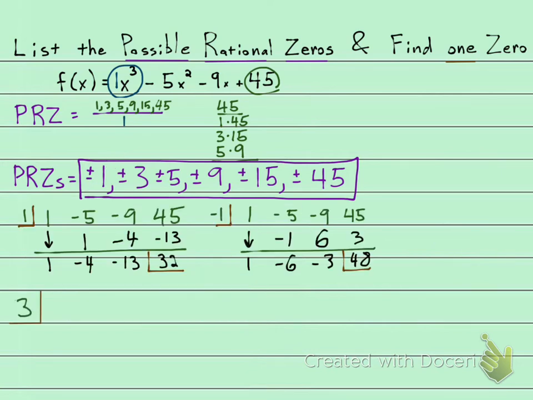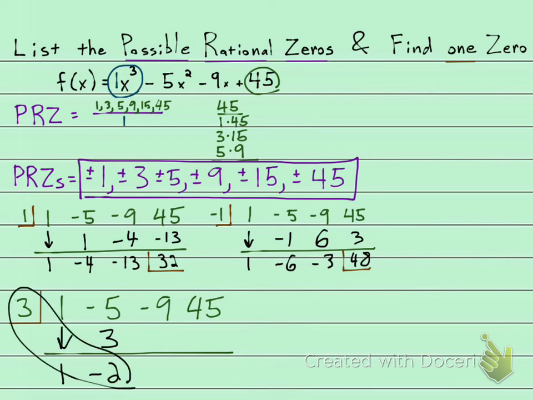All right, here's 3. Write down the coefficients. 1, negative 5, negative 9, 45. Drop down the first one. 1, multiply, 3, add, negative 2, multiply, negative 6, add, negative 15.